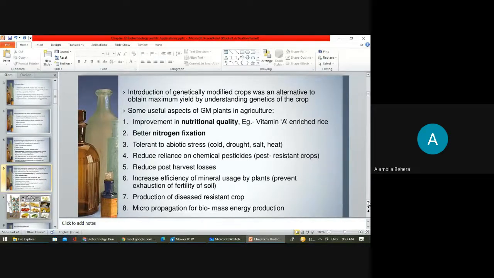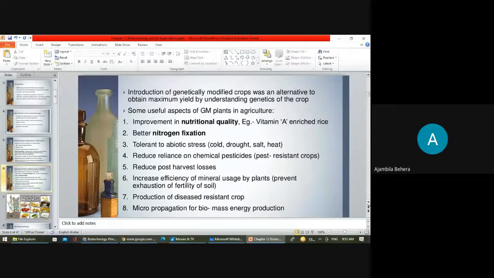So farmers who were using more and more chemical pesticides, when they are farming GM crops, the dependence on chemicals will be lower. There will be a reduction in the reliance on chemical pesticides. No need to use that huge amount of chemical pesticides here.